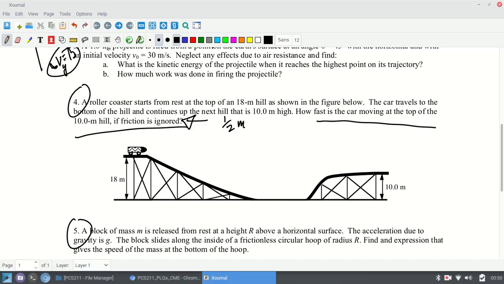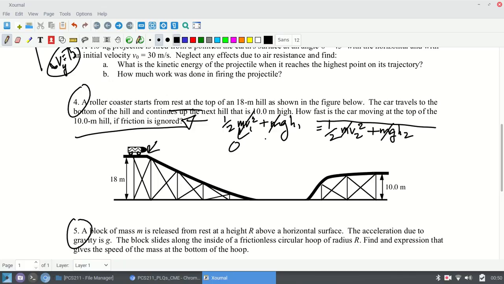It's half mv1 squared plus mgh1 equals half mv2 squared plus mgh2. If it starts from rest at the top of this hill, the initial velocity should be 0. Another thing to note is that these masses are canceling. Cancel those masses to make life easy for yourself.